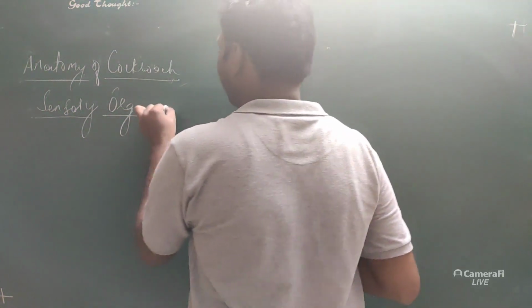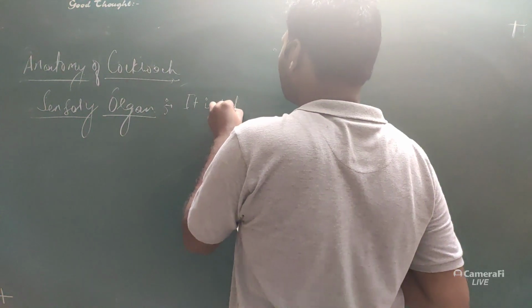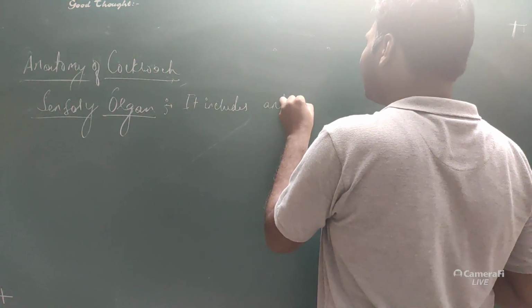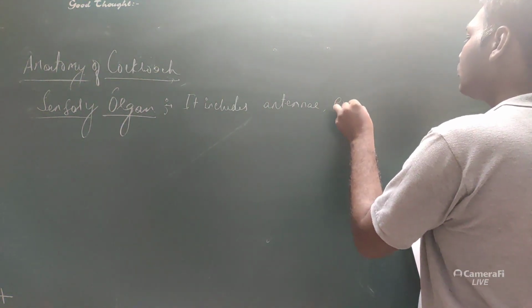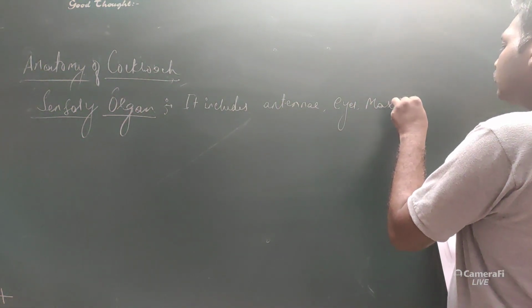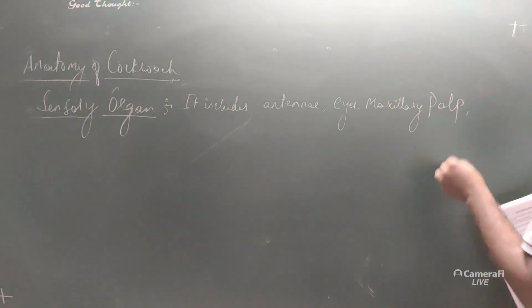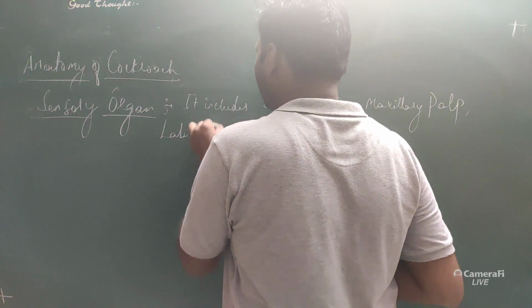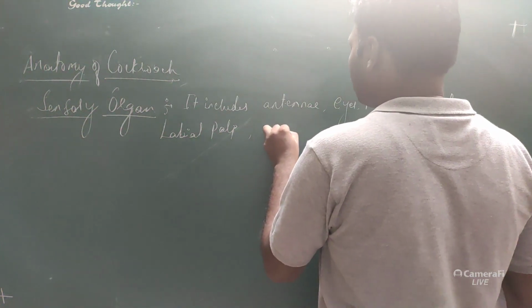It includes antennae, then eyes, then maxillary palp, labial palp, and anal cerci.